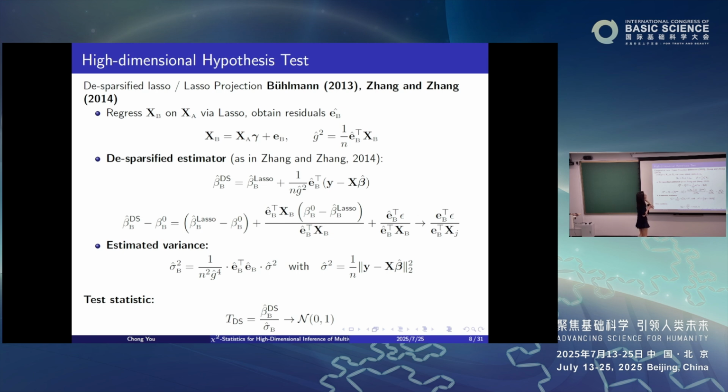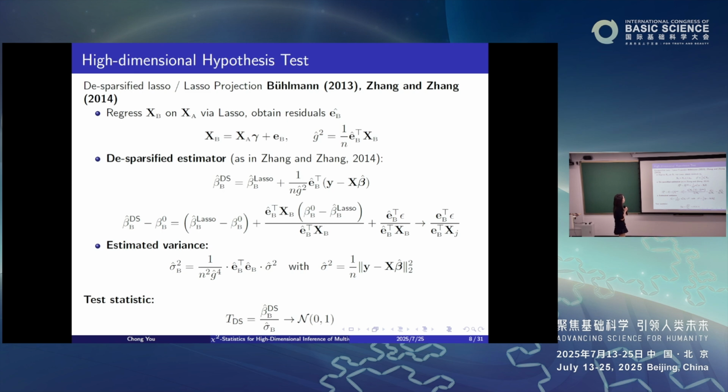We know that for Lasso, the estimate is biased because of the penalty term, so it has a shrinkage effect. What the desparsified Lasso tries to do is correct this bias using this correction term here. But how to correct the Lasso term is the problem.